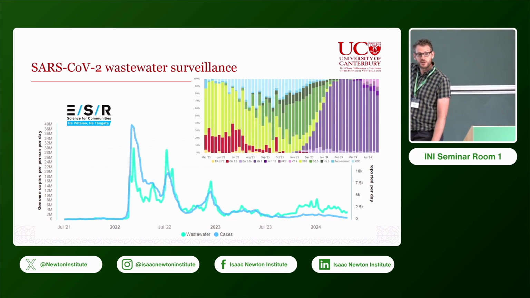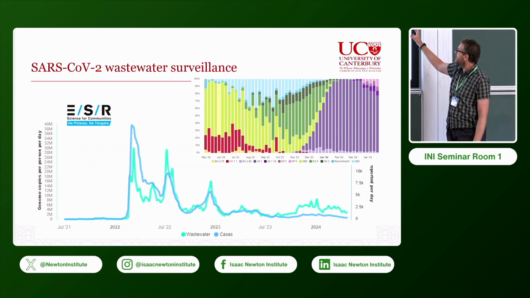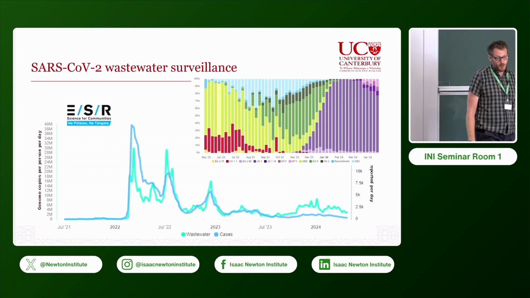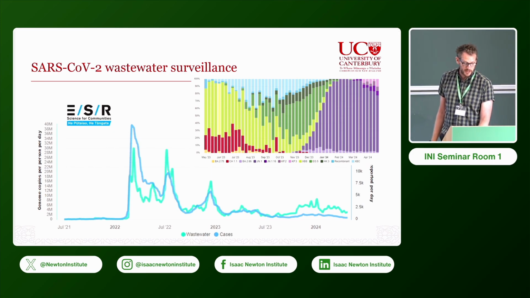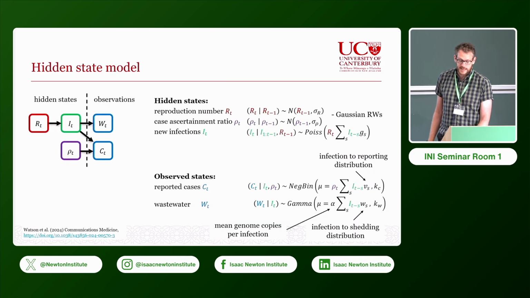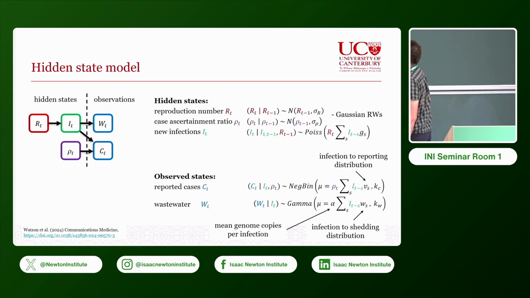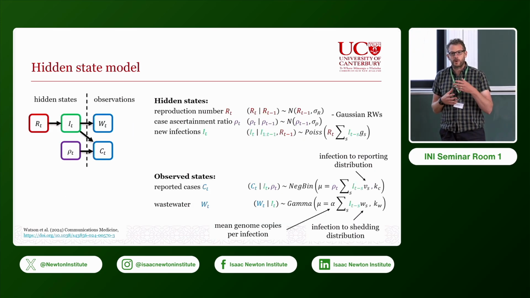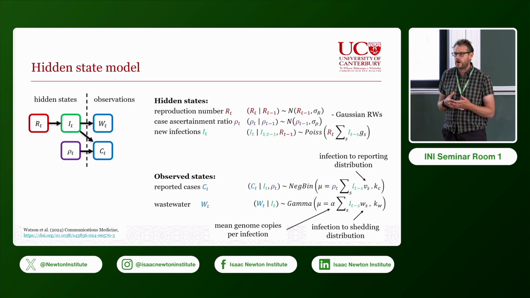The other thing that's also in this data set, which I think is really valuable, is a breakdown by variant. So you can actually see the sweeps of the different variants taking over, which matches up very well with the clinical genome sequencing data. Okay, so that's the data. We developed a hidden state model to try and incorporate this data into situational awareness and near-term forecasting type models.